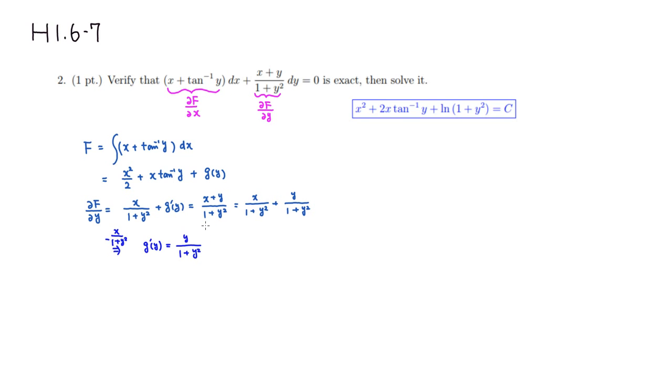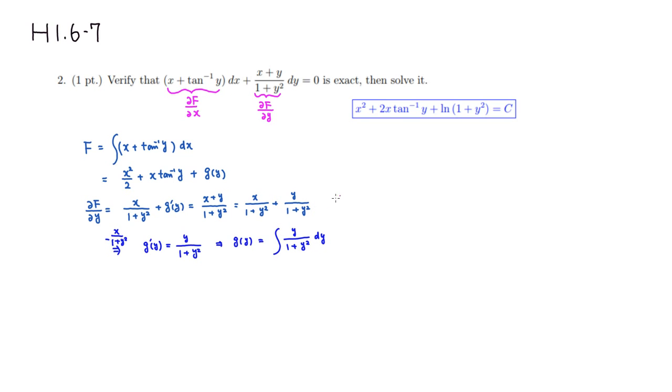All right. Then if you want to find g, you just have to integrate it. So g of y is going to be equal to the integral of y over 1 plus y squared with respect to y. Here's a trick. Since we almost have g prime over g, the derivative of the denominator would be 2y.